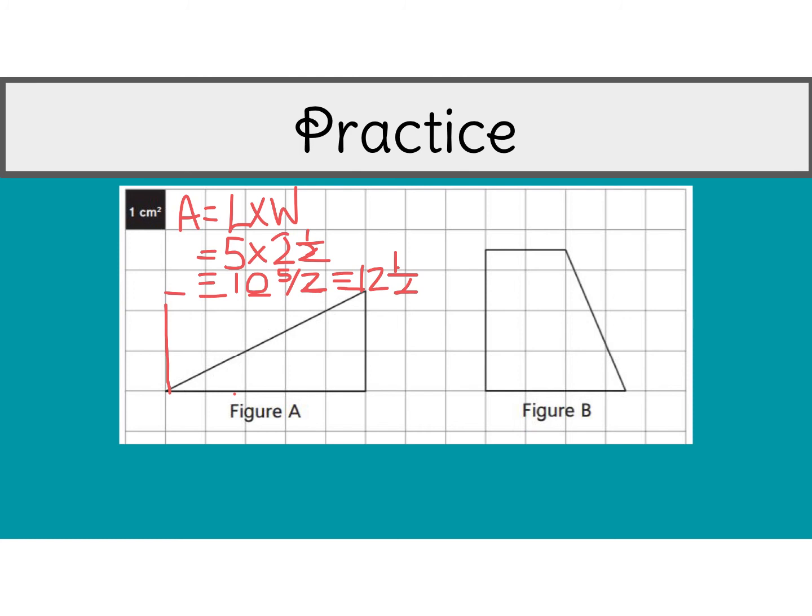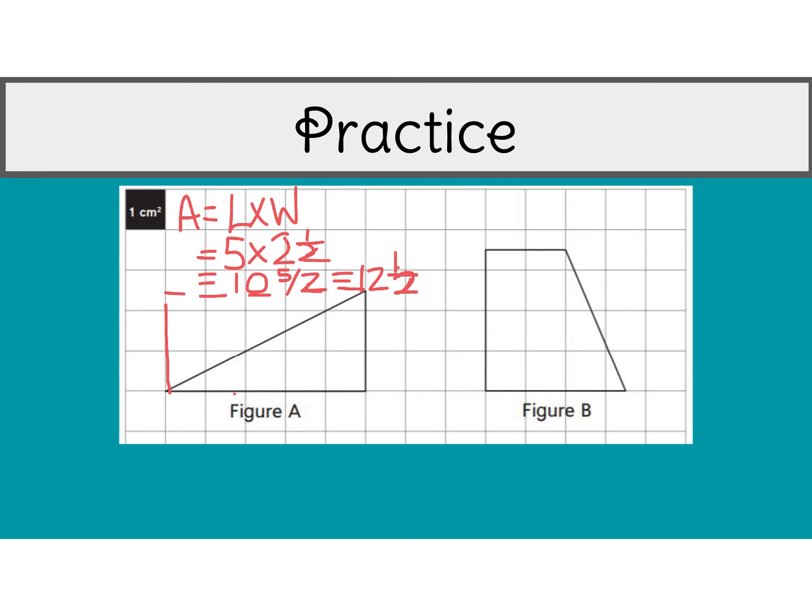Let's just check our math there. I'm having some major issues with my stylus here. Okay, so we've got 1, 2, 3, 4, 5, 6, 7, 8, 9, 10, 11, 12, and 1/2. Checks out.